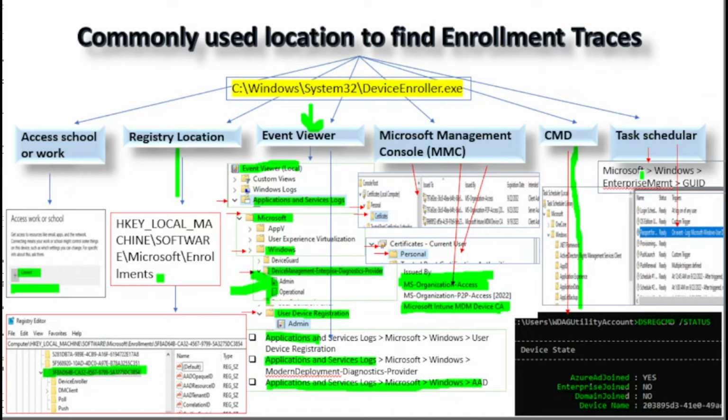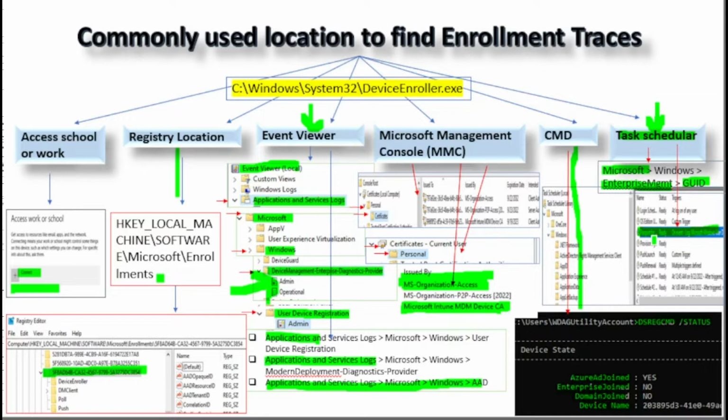The last one is the task scheduler. As I discussed, a scheduled task is created when you are using SCCM or GPO-related enrollment. In that case, we can check under Microsoft, Windows, Enterprise Management, and then there will be a GUID. In the BYOD we can see that there will be a task created.